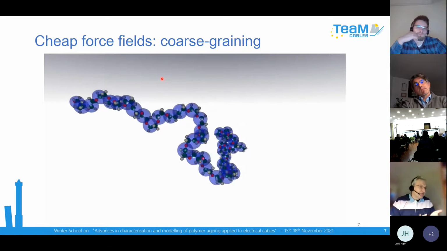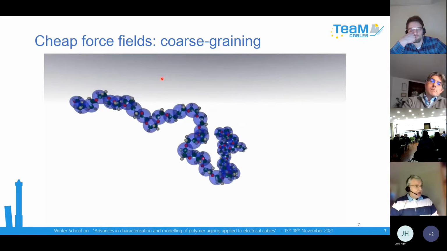This is one standard trick that is often used in molecular dynamics modeling of polymers, simply to make the computations slightly less expensive computationally. And we have also done something like this in our work.